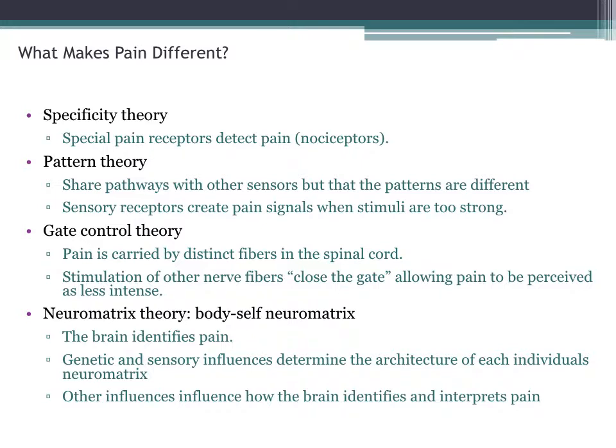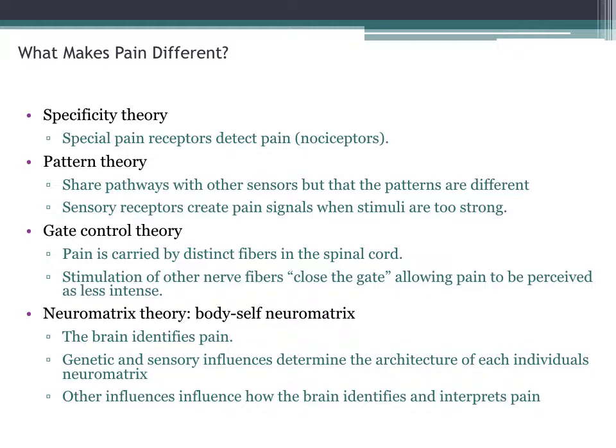Now that we've reviewed how all of these sensations are sent to the brain and interpreted in the brain, let's look at pain specifically. What is it about pain that makes it so different from the other sensations that we feel? And why does it have its own sensory section of the body?